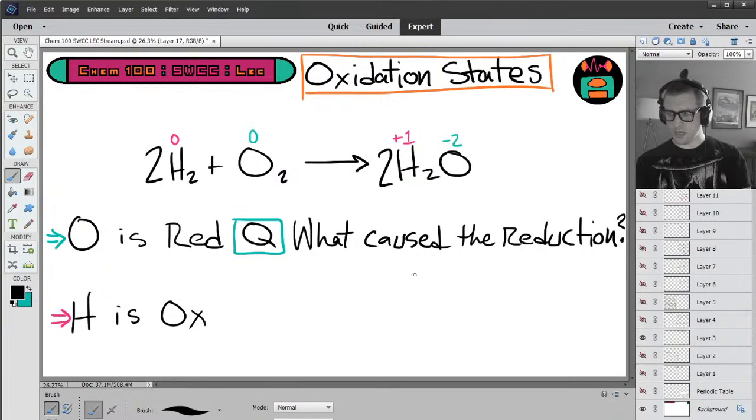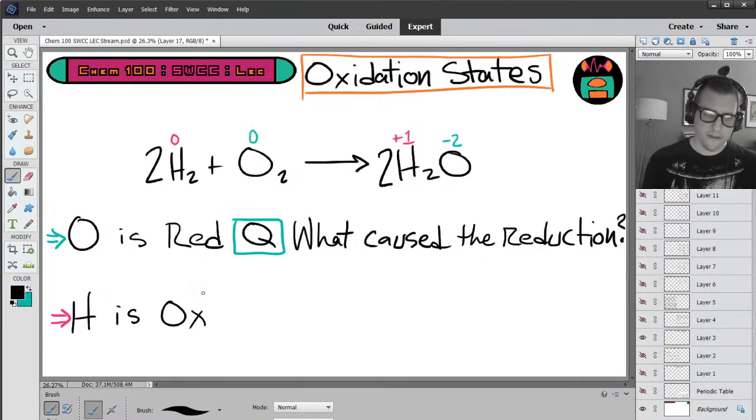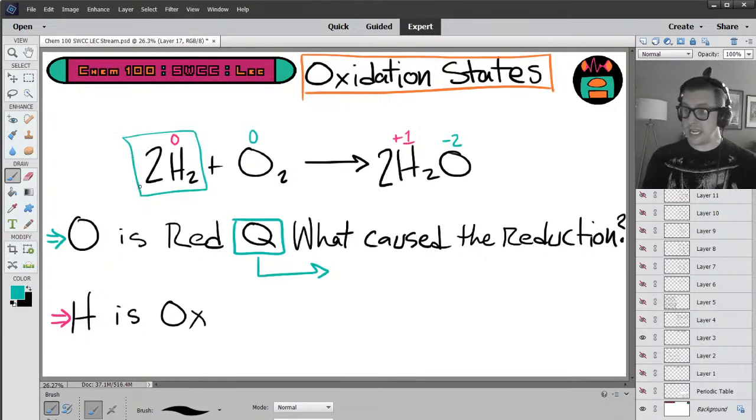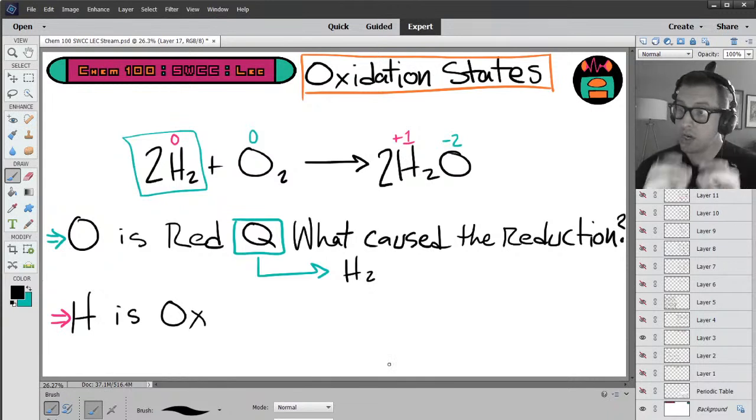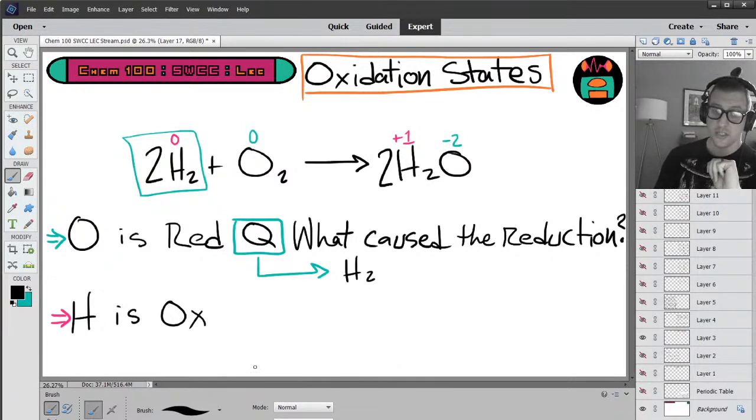What causes the reduction to happen in this reaction? And the answer is the molecule H2. That is the reactant reacting with oxygen causing the reduction to occur.